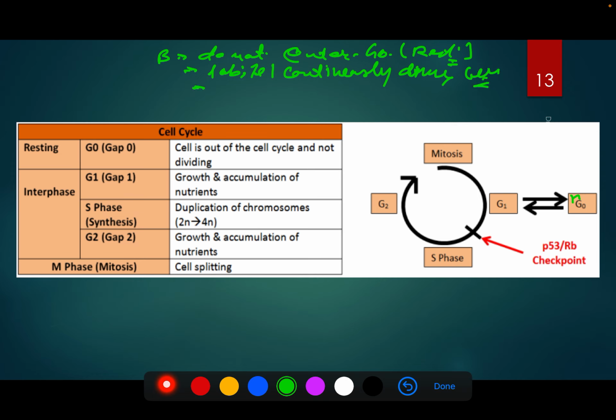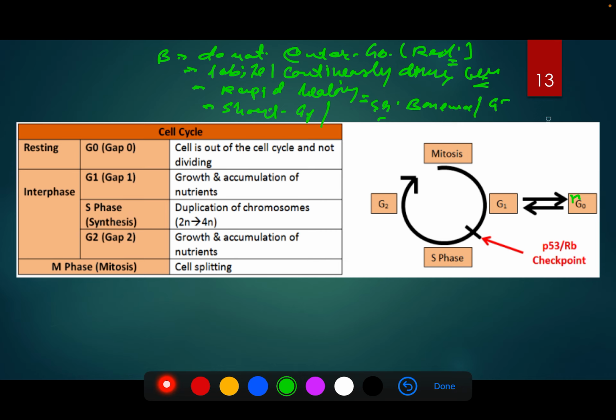So if this kind of tissues are injured, very rapid healing occurs. They divide very rapidly, and they have a very short G1. So what are the examples? The examples are the bone marrow.